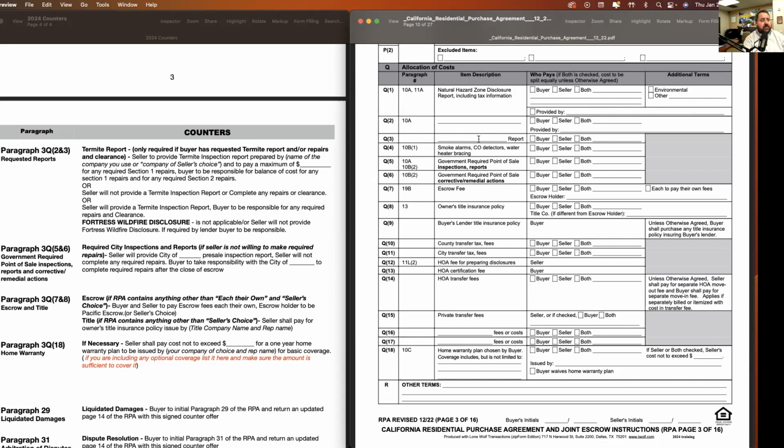So what I would do is say, seller to provide termite inspection report prepared by whatever the termite company name is. And I'm going to pay a maximum of $2,200 for Section 1 repairs and buyer to be responsible for the balance of cost of any Section 1 repairs and any required Section 2 repairs.